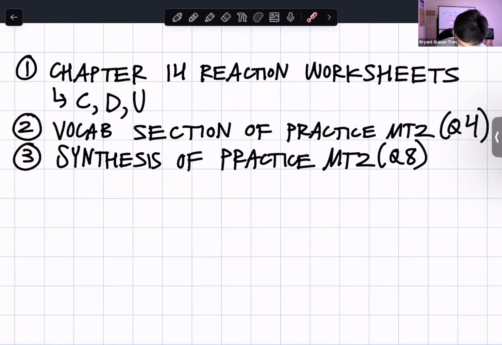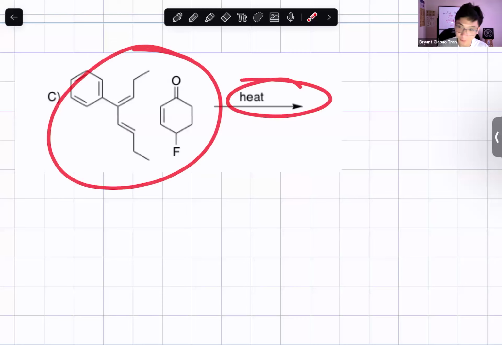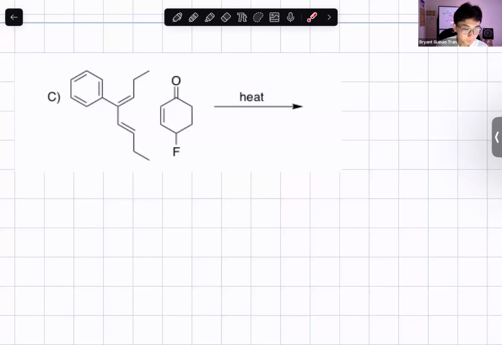Let's go over the chapter 14 reactions worksheet, C, D, and U. So what reaction do you guys think this is going to be when you have these reactants reacting with heat? What is the reaction name? Diels-Alder, right?